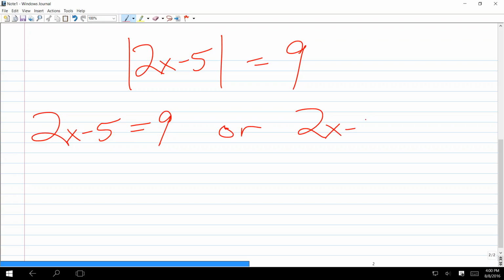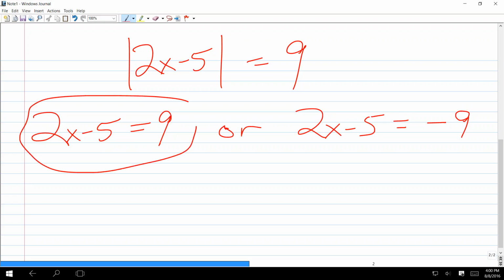Never change what's inside the absolute value sign. So that's what that means. In other words, no matter what is in between the absolute value signs, you write the left side like that, and then you write it the same way, only you change the sign of what's on the other side of the absolute value sign.